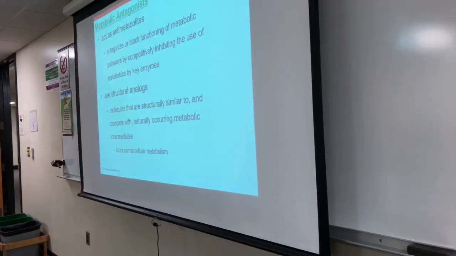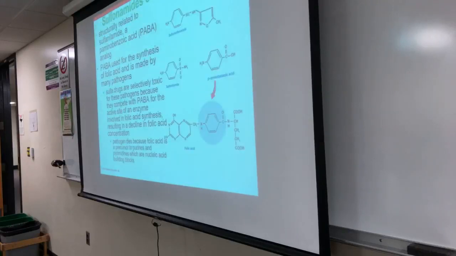Metabolic antagonists. What are these? Oh, I got it for you. These usually are drugs that mimic important metabolic substances that organisms need, right? What was the example I gave you? Sulfonamides or sulfa drugs.